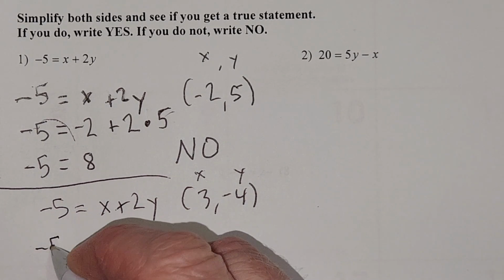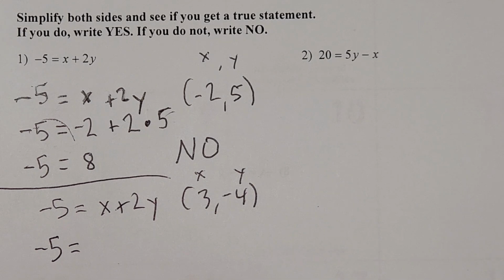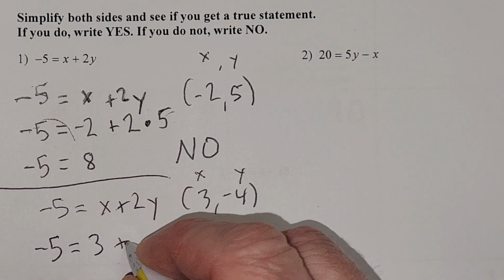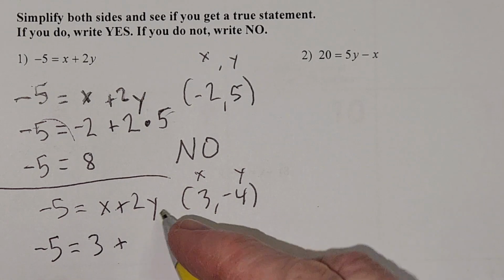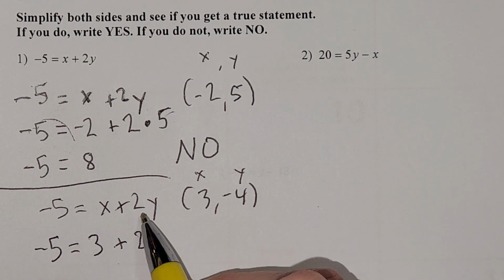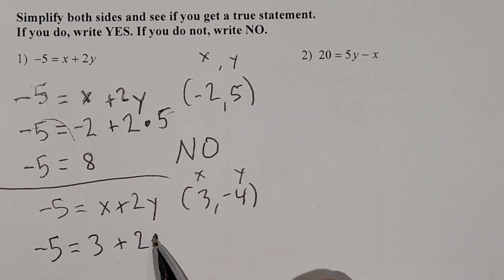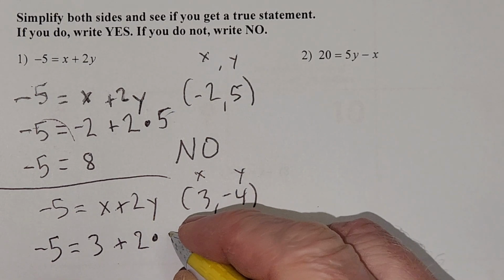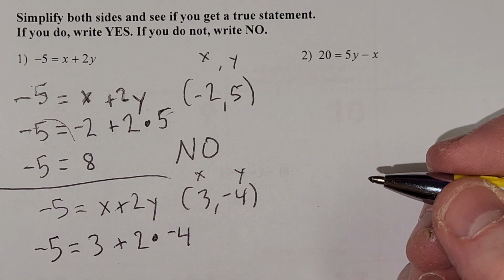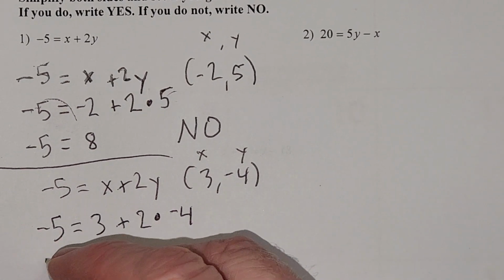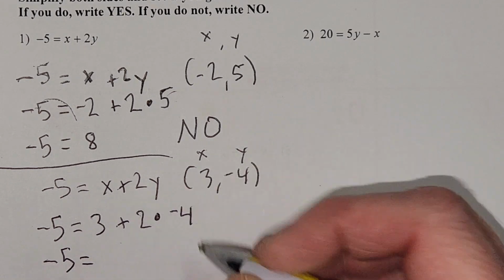So -5 will equal, the value for x is 3, and then plus 2 times, you need to get yourself in the habit, instead of 2y, we're going to write 2 times, and whatever y is, -4. And then this side is already simplified, -5.